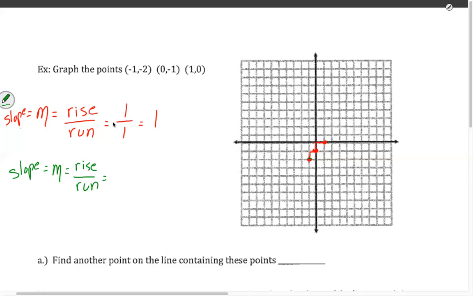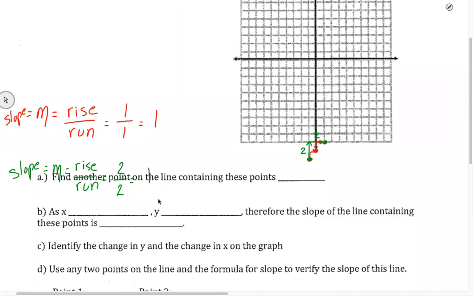What if I was going from this point to this point, skipping this middle stair? Well, my rise would be 2, and my run would be 2. And notice 2 over 2 is 1. So no matter what, we're getting the same slope. The key to slope is that we need to reduce it, making sure it is a reduced fraction.